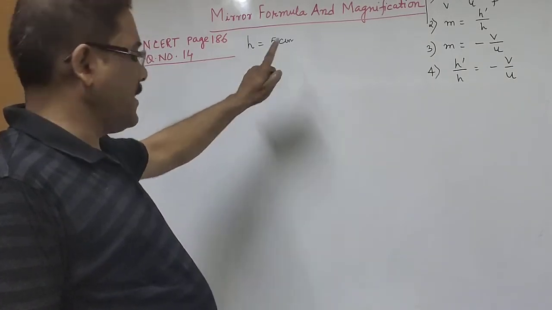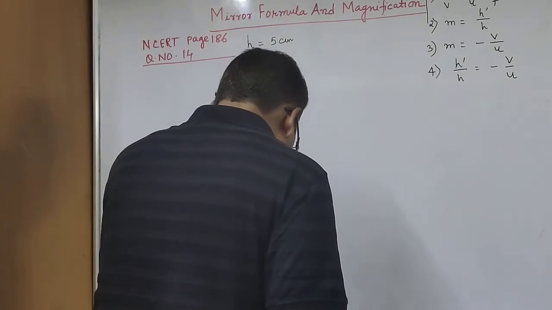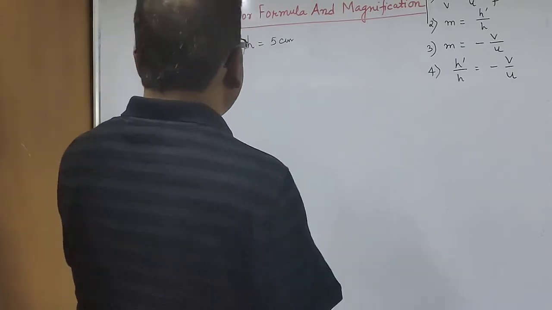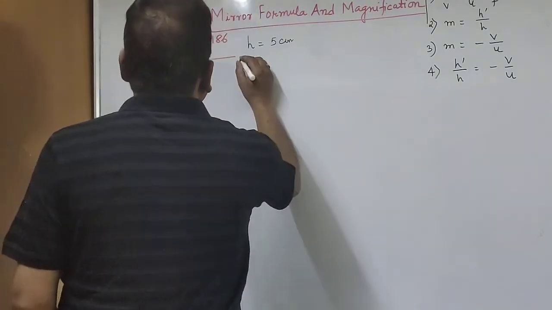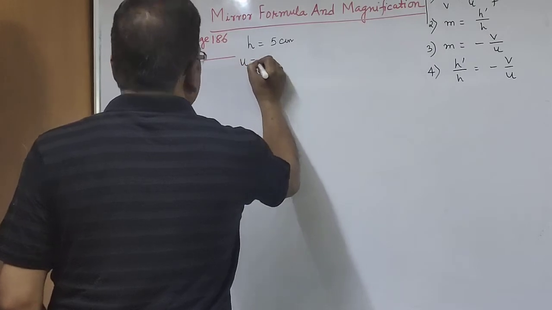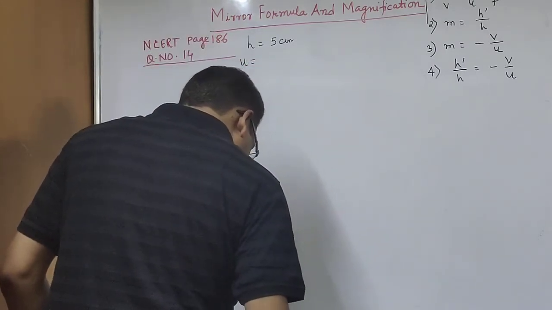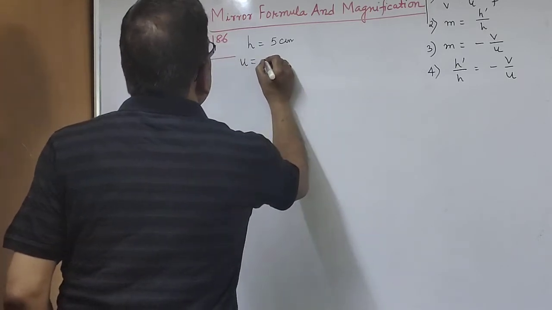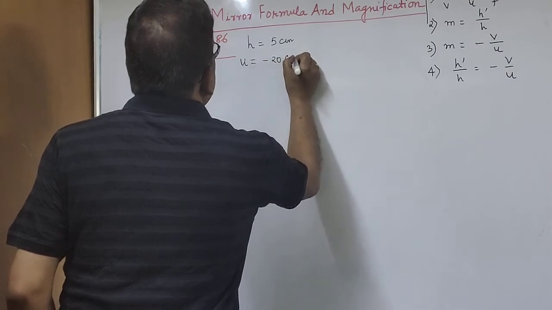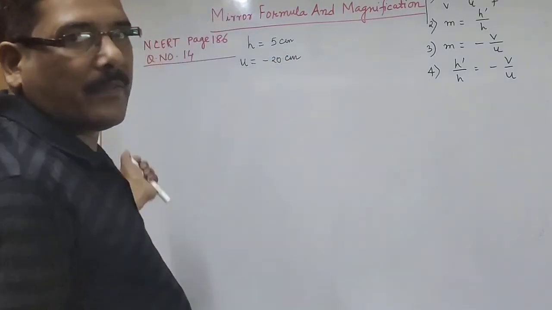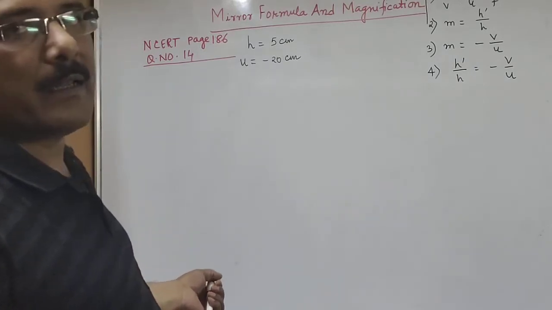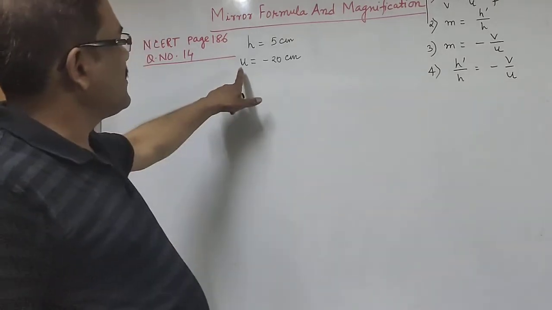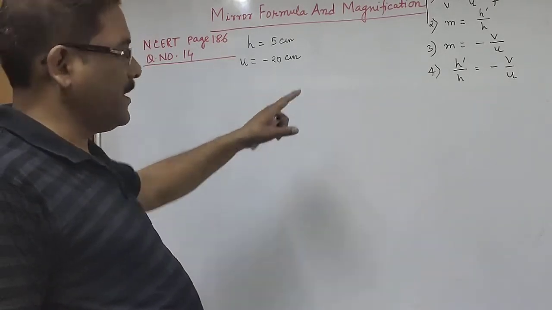Then, at a distance of 20 centimeter in front of a convex mirror, it means u, the object distance, is given. So u is always negative, because all objects are placed towards the left of the pole. You check in the ray diagrams, we always take the object towards the left of the pole. That's why u is minus 20 centimeter.